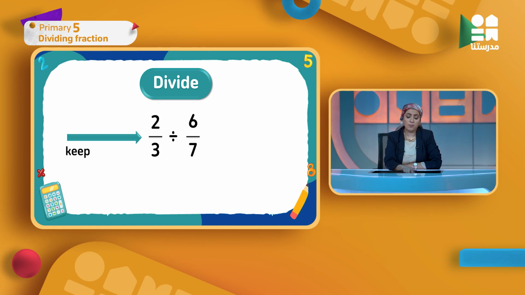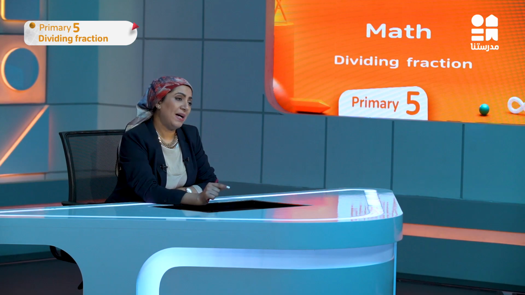Then, I move to the divided sign. This one, I have to change. I change it to times. So the first step, I keep the fraction as it is. The second step, I change the divided into times.